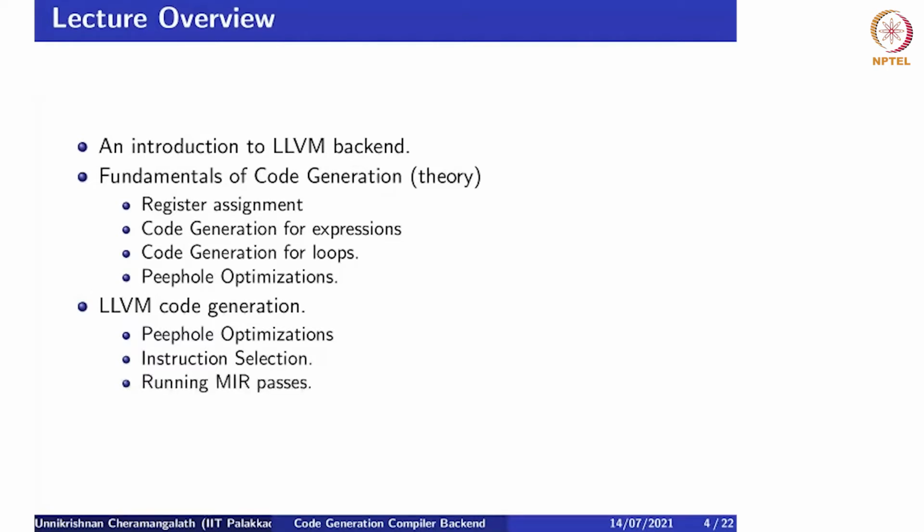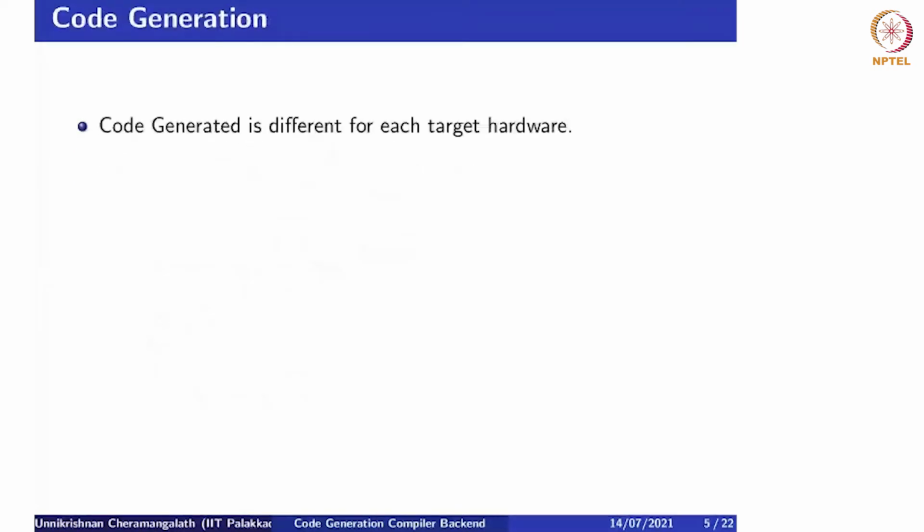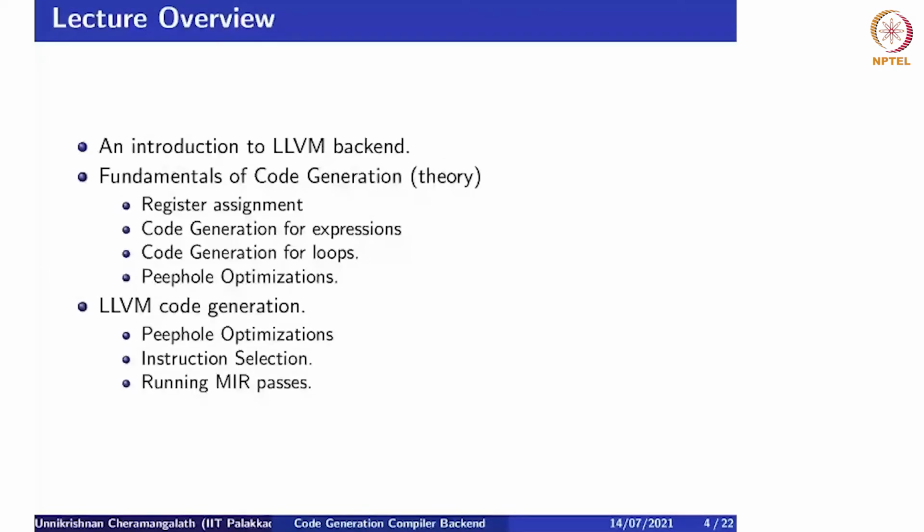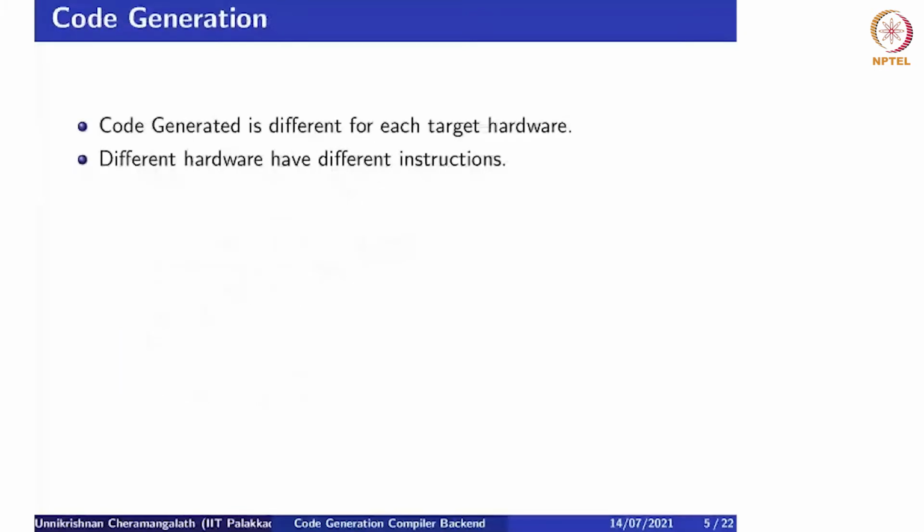Then running MIR passes. LLVM has an intermediate code called MIR, the machine intermediate representation, and how you work on that. So coming to code generation, the code generator is different for each target hardware.